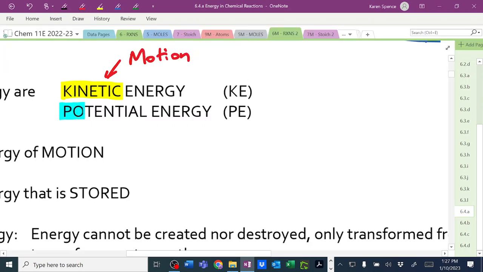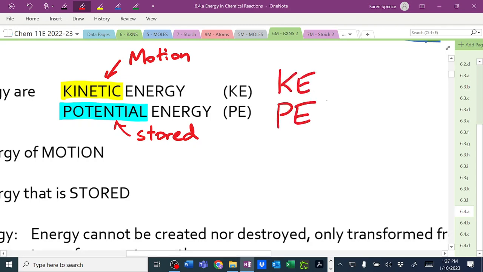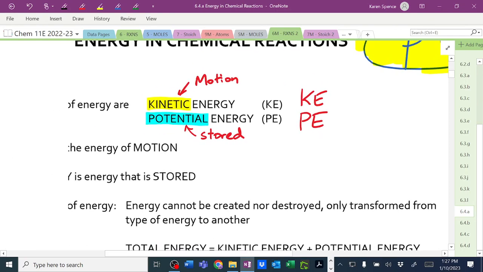Potential energy is, what is potential energy? Stored energy. We can abbreviate kinetic energy as KE and potential energy as PE. That saves us a lot of writing.